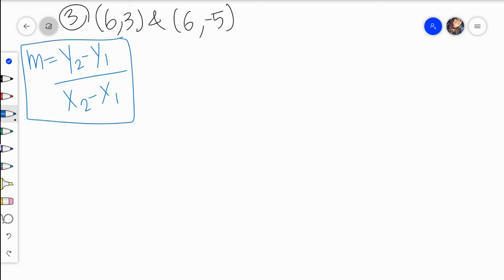Now, if I plug in my points, let's label these xy 1, 1, xy 2, 2, plug them in, I get 5 minus 3 over 6 minus 6 equals 2 over 0, and 6 and -6 are inverses, actually gives me 0.